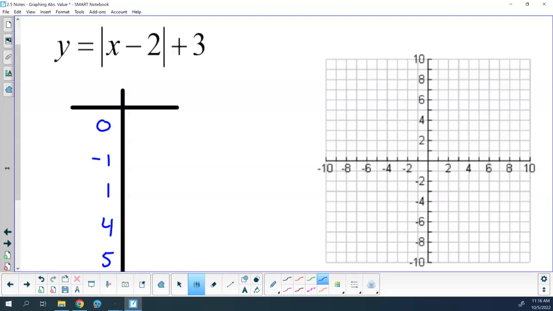Now what we've got to do is plug those values back into our function. So 0 minus 2. 0 minus 2 is negative 2, absolute value of negative 2, 2, plus 3, 5. So that gives me the point 0, comma 5.